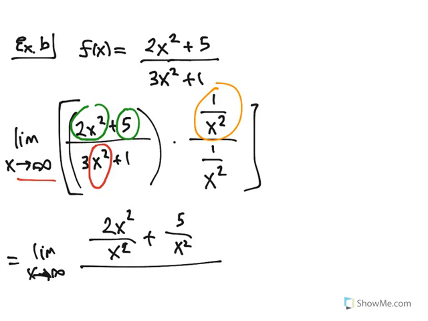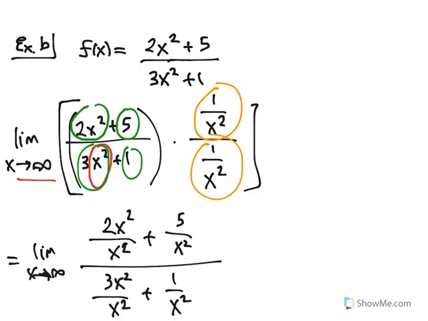And then in the denominator, when you multiply 3x squared and 1 by 1 over x squared, you will get 3x squared over x squared plus 1 over x squared. So now you have something that's equivalent to the original function, f of x, but you can now cancel the common factors of x squared in that first term, so that will just leave you with 2. And you can now cancel the common factors of x squared in this term, and that will just leave you with 3.